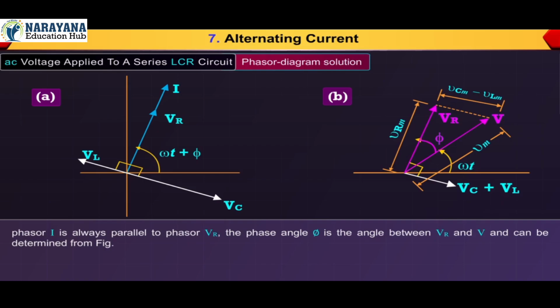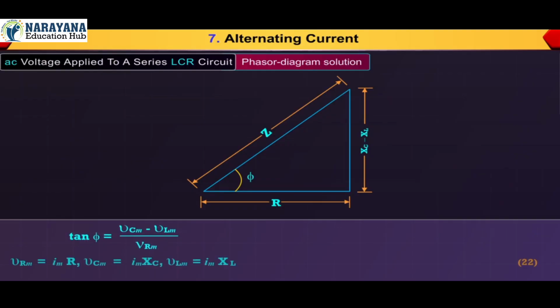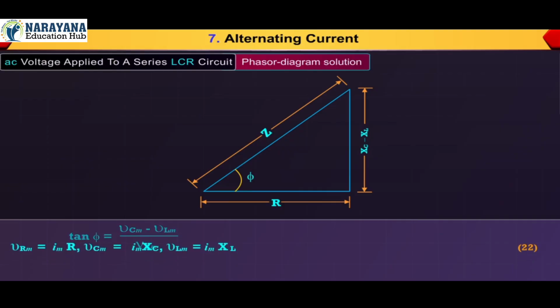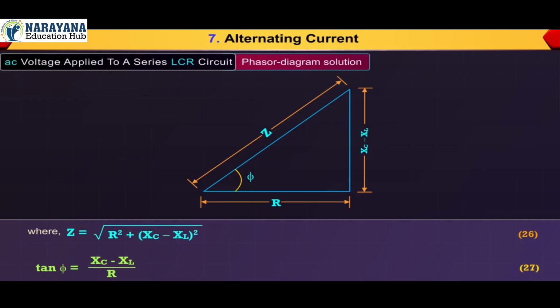and V and can be determined from the figure. Tan phi is equal to VCM minus VLM upon VRM. Using equation 22, we have tan phi is equal to XC minus XL upon R, equation 27. Equations 26 and 27 are graphically shown in the figure.